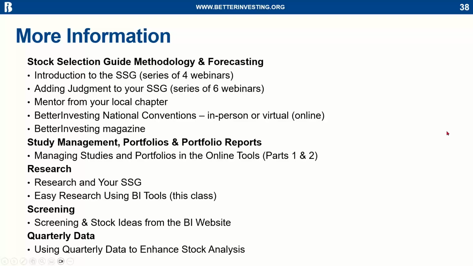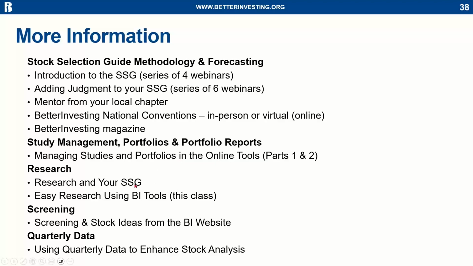But I do want to point out, if you want more information about stock selection guide methodology and forecasting, we have a lot to offer you. The intro to the SSG series, adding judgment, a mentor from your local chapter. Conventions are a great place to form relationships, network, and ask questions in person. Better Investing magazine always has articles. In terms of the tools, we have managing studies and portfolios, how to work with your studies and do portfolio reports.